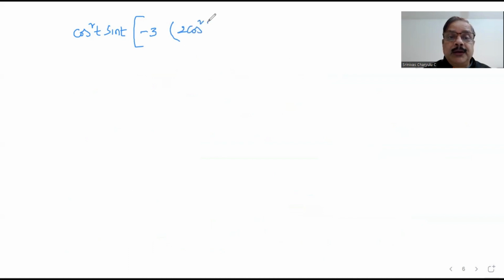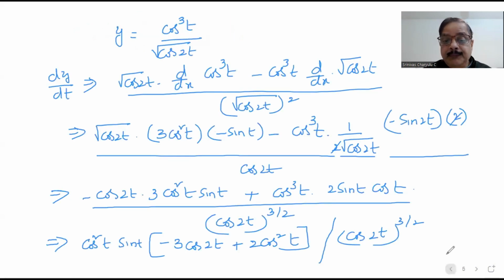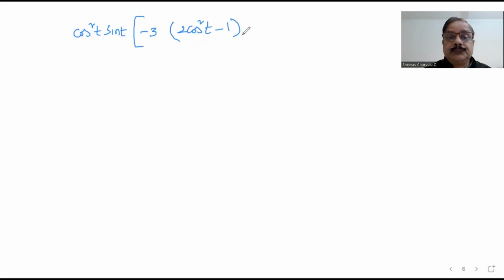Cos 2t another formula, 2 cos square t minus 1. Then next what we are having? Plus 2 cos square t is there here. Plus 2 cos square t. So whole thing divided by cos 2t whole to the power of 3 by 2.